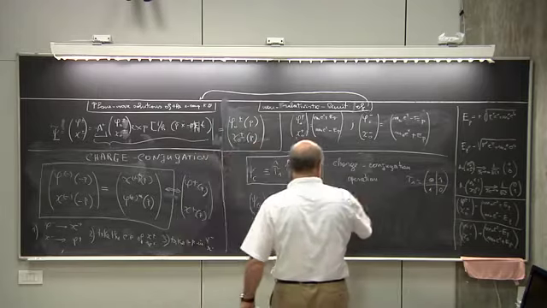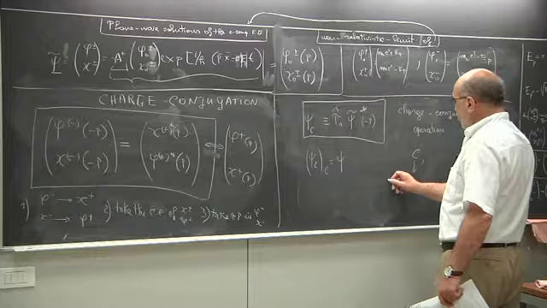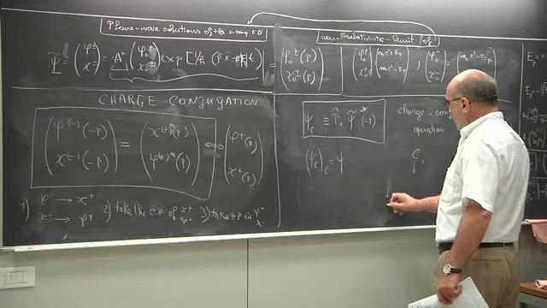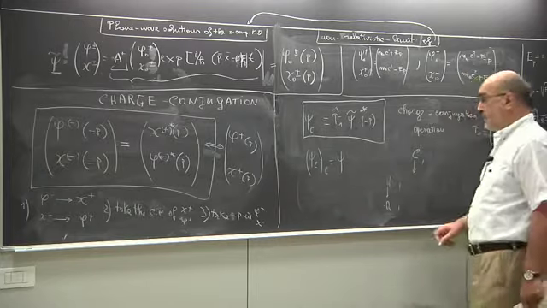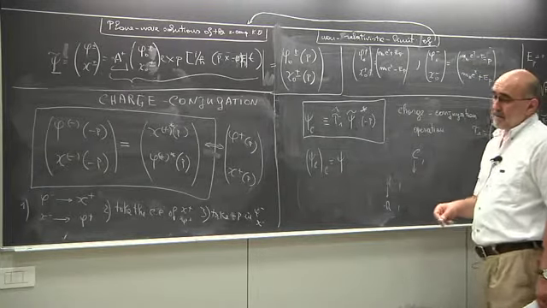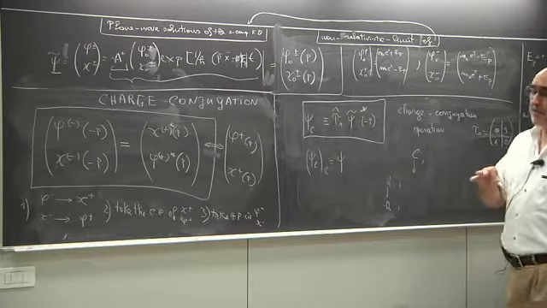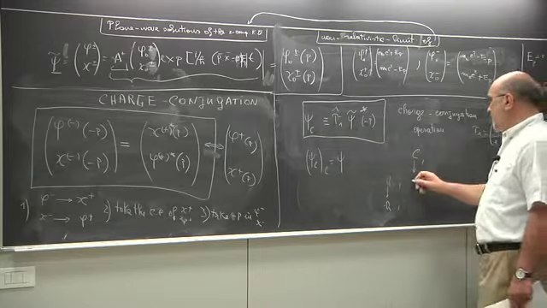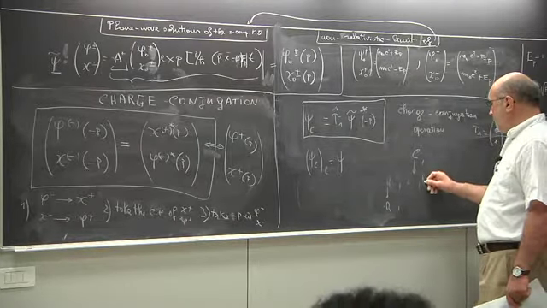So the charge conjugation operation, G, does various things. It sends Q into minus Q, the charge, but it does other things. For example, particles are characterized by other quantum numbers. When you do particle physics, you will see. So, for example, there is the lepton number, there is the muon number.